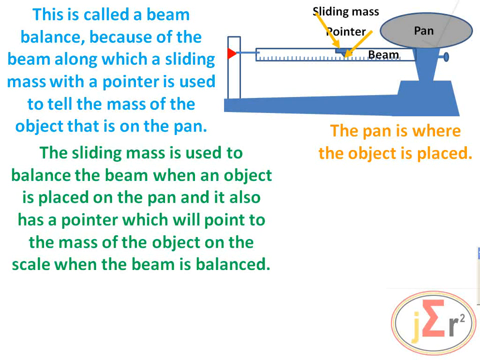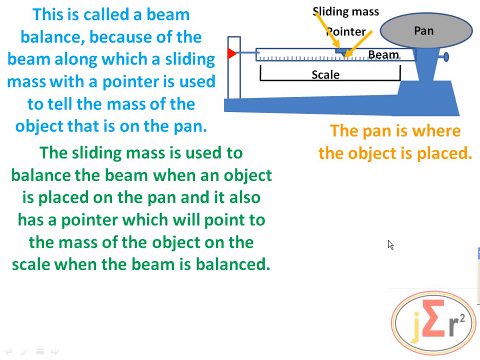So let us continue. There we have the scale, and the scale will be those marks. On this occasion we do not have any numbers, but the marks on the beam are usually accompanied by numbers, and that will be the scale. And the scale is what you look at in order to determine the mass of the object that is on the pan.